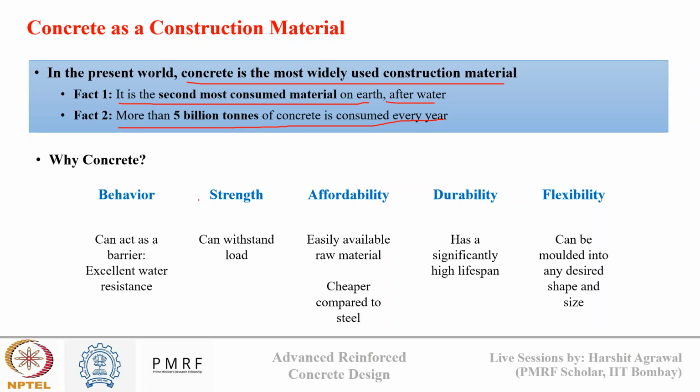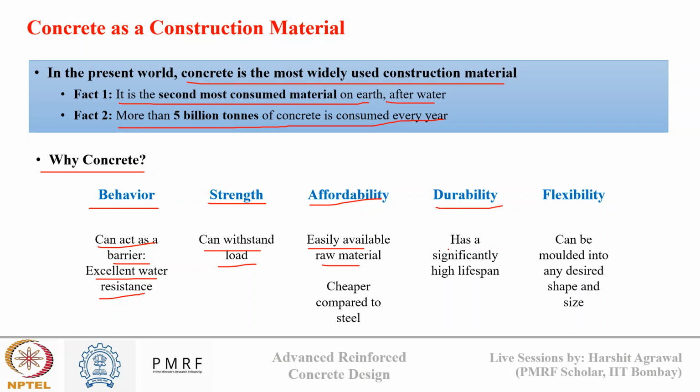Okay. Now the point is what makes concrete so special? Why are we using concrete? It is because of its five key characteristics. First is the behavior. It can act as a barrier, it can provide excellent water resistance property. Its strength, it can withstand load. Affordability, it is an easily available raw material and it is cheaper compared to steel.